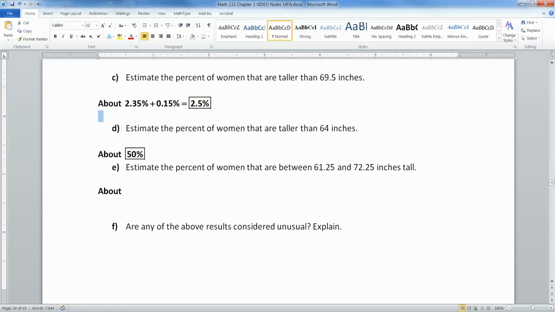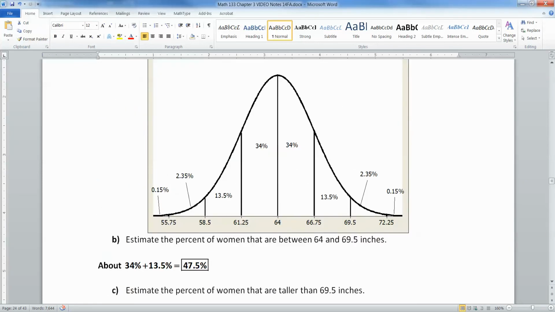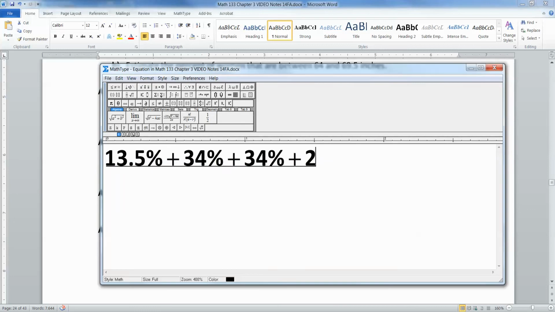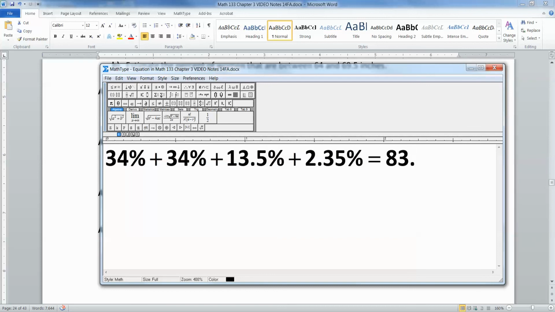Let me make sure I'm doing this right. 61.25. Oh, 34, sorry. 34, 34, 13 and a half. Got that backwards. So 34 for the first section, 34 for the next section, 13.5% for the next section, and 2.35% for the last section, which would make 83.85%.